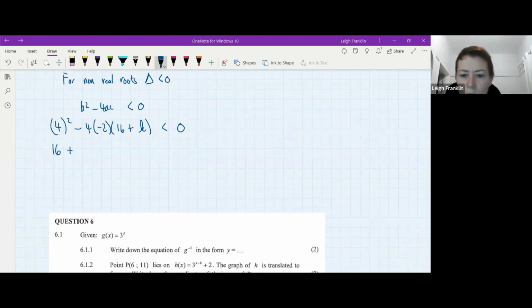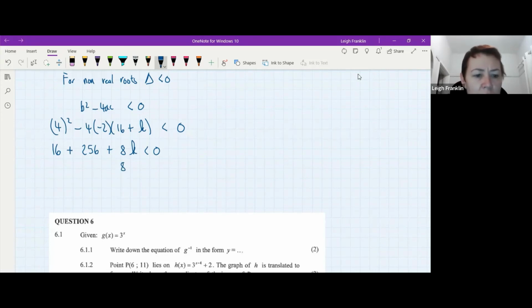Let me just double check. Yeah, 256 is correct. Plus 256. And then we've got negative 4 times negative 2 times positive k, which gives us plus 8k smaller than 0.